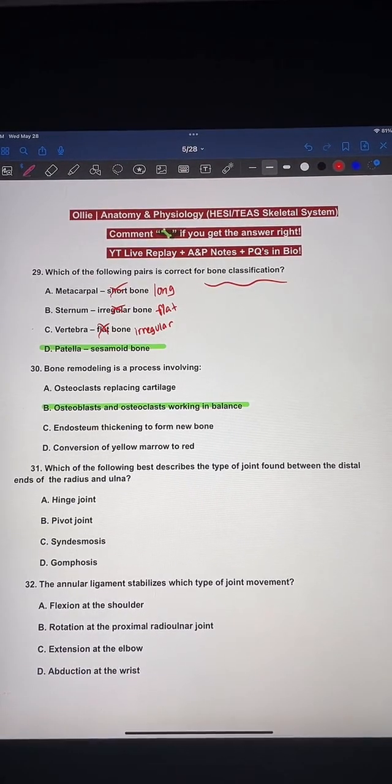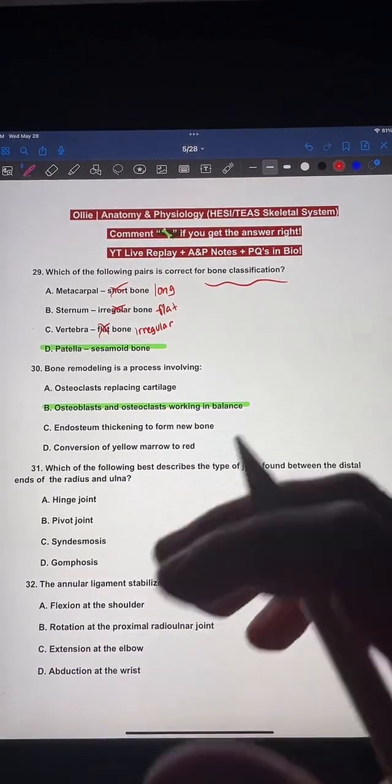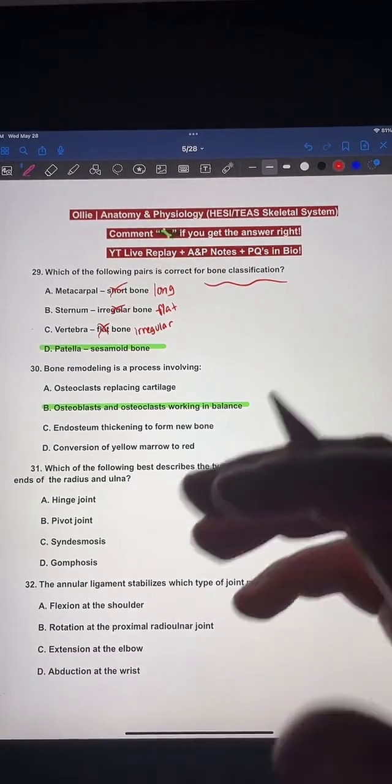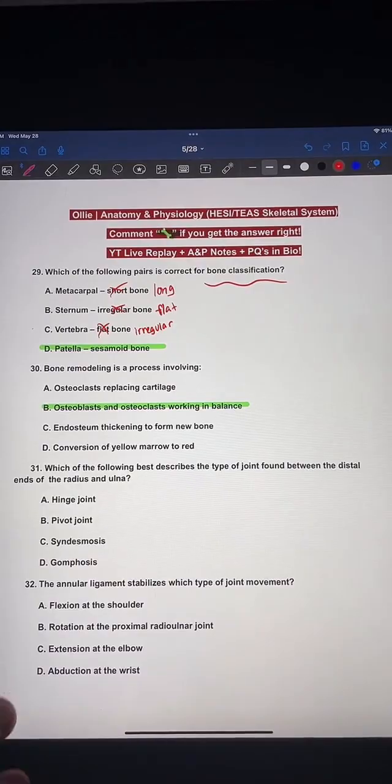Osteoclast replacing cartilage, that's referring to ossification, not remodeling. Endosteum thickening is not a remodeling process. Yellow to red marrow is very unrelated to remodeling as well. So bone remodeling is the process of osteoblasts and osteoclasts working at the same time in balance to balance the calcium levels in your blood and what's being stored as your bone, to form new bone and break down old bone.